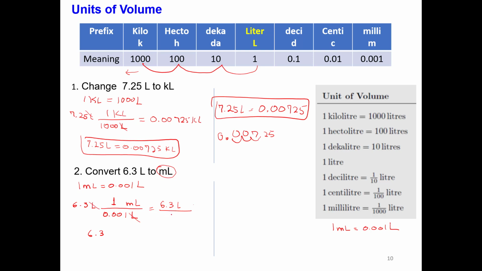These liters cancel out. Milliliters divided by 0.001. Then we divide these two numbers, you will get 6,300 milliliters. And finally, you have 6.3 liters equals 6,300.